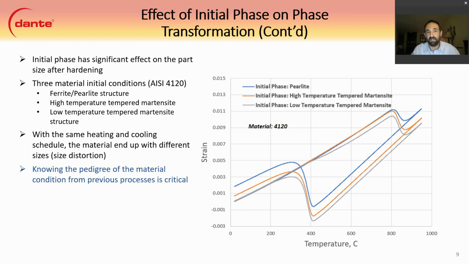However, it does significantly affect the final strain in the sample, which will significantly affect the distortion of the part. So just to reiterate, understanding the initial phase here is of the utmost importance. So it's always wise to do micrographs of incoming material before modeling begins so that the initial microstructure can be understood.